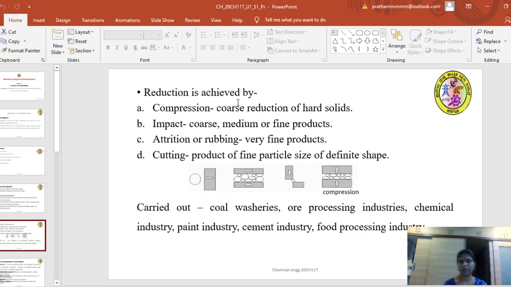Reduction is achieved by the various compression, impact, attrition or cutting methods.